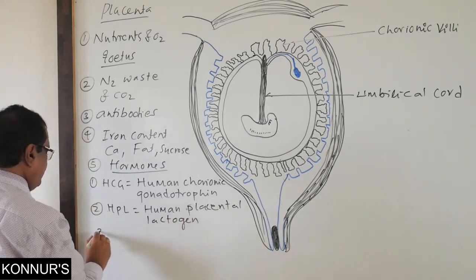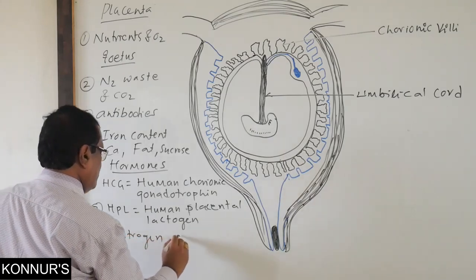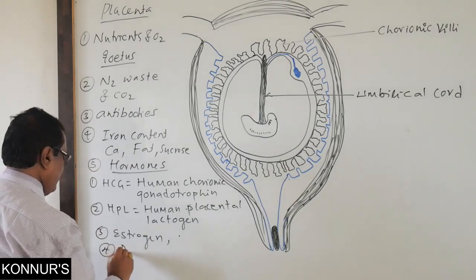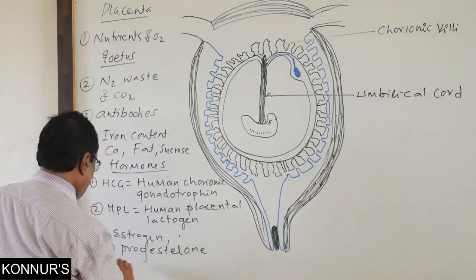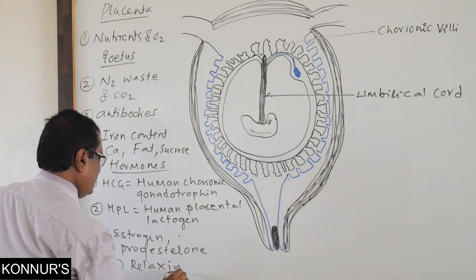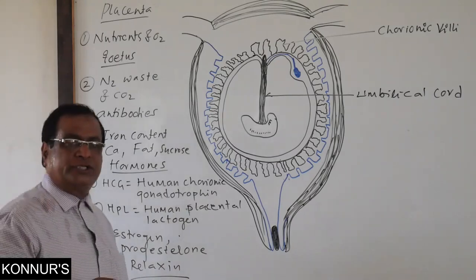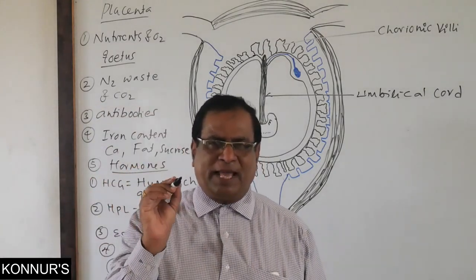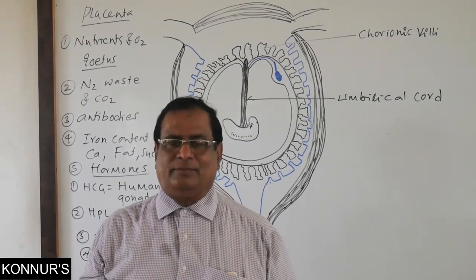Then estrogen, progesterone, and lastly relaxin. During the early phase of pregnancy, relaxin is produced. These are the 5 hormones which are produced by placenta at the time of pregnancy.